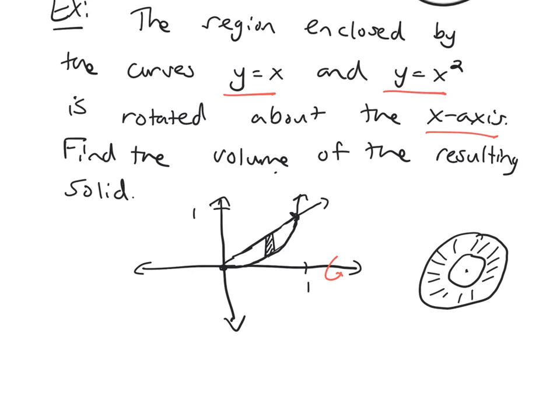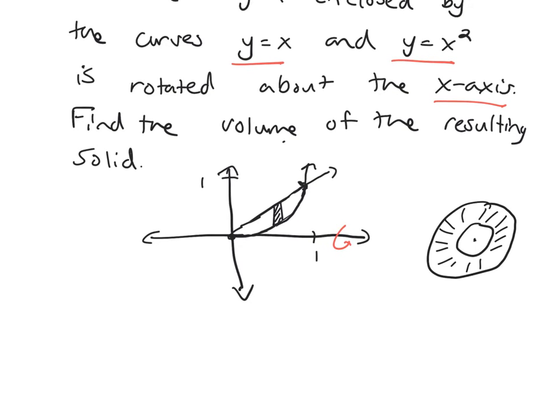So again, I need the area, A of x, of my cross section. I want to find the area of this washer. If you look at this, it's made up of this bigger circle and then this smaller circle. I can find the area of the bigger circle, but I've counted too much area, right? I've counted this inside area when I didn't want to.